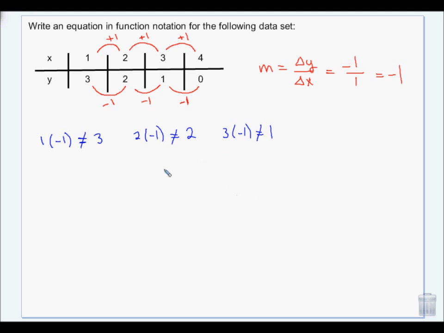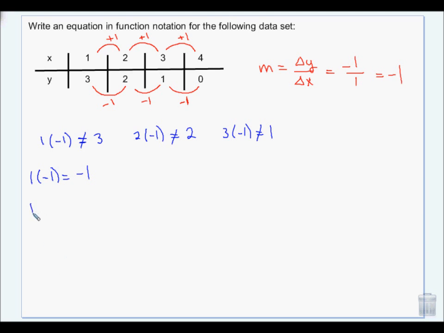No. So obviously something's missing here. Whenever you take the first and multiply it by the slope you found and it doesn't equal the second, you're looking for something else. So what I do know is that 1 times negative 1 equals negative 1.